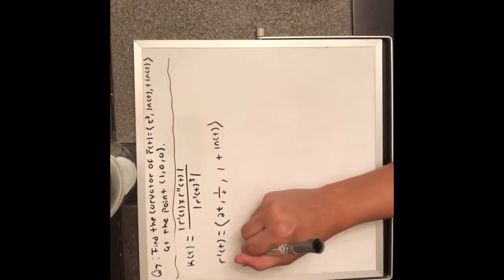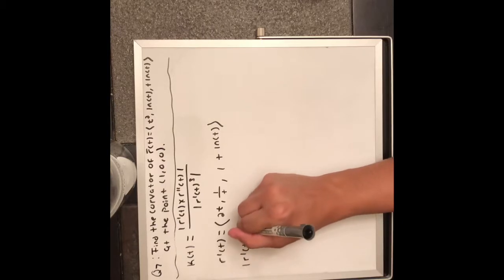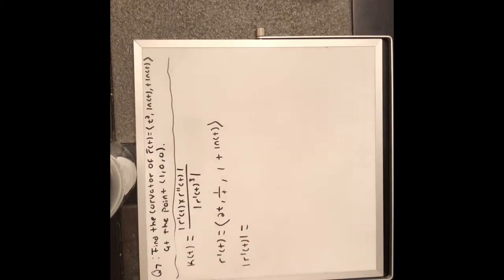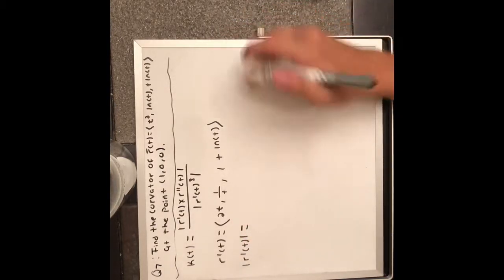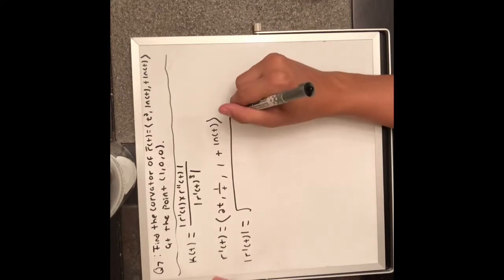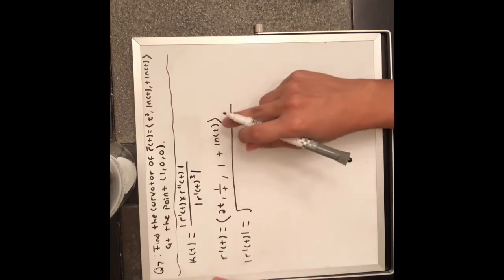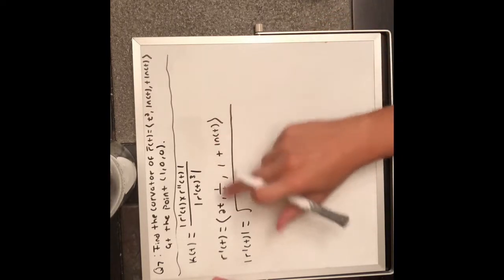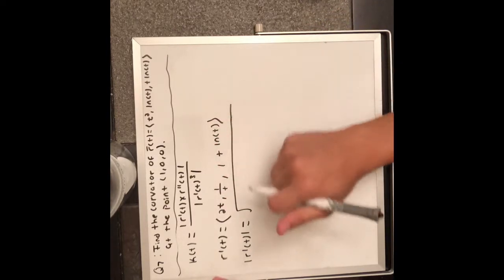Let us find the magnitude of r prime of t. Well, this will be everything in here squared, and I'll square root it.